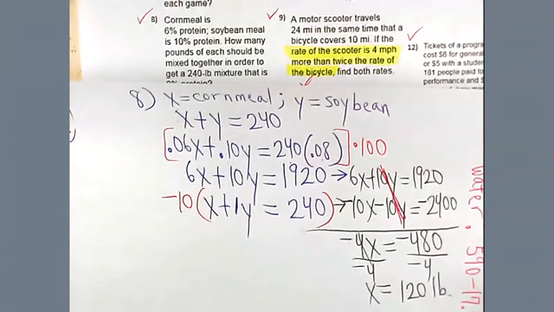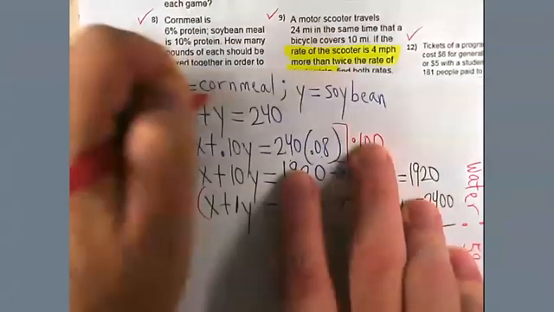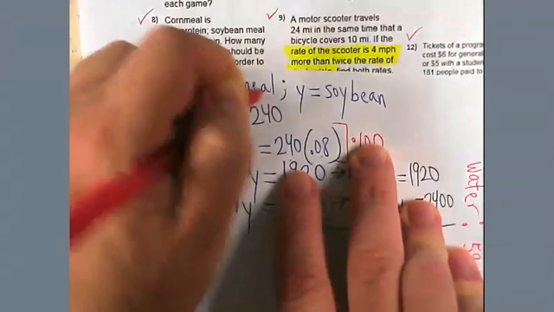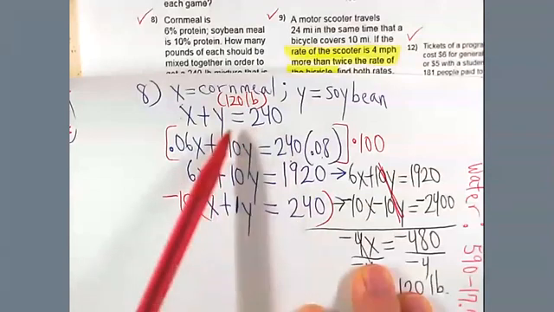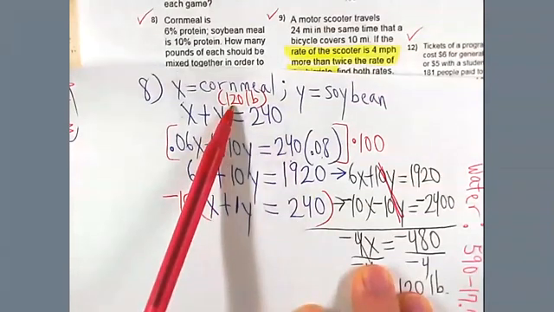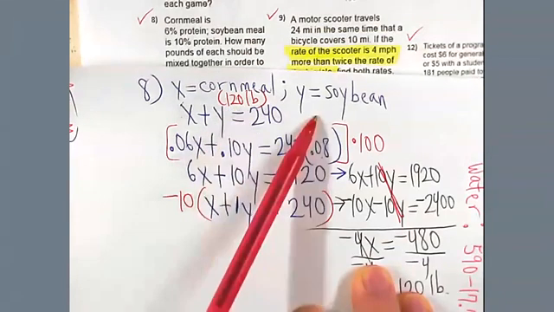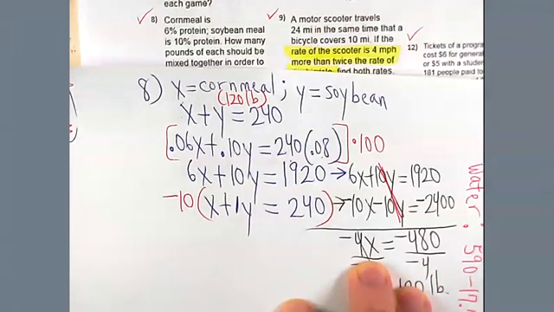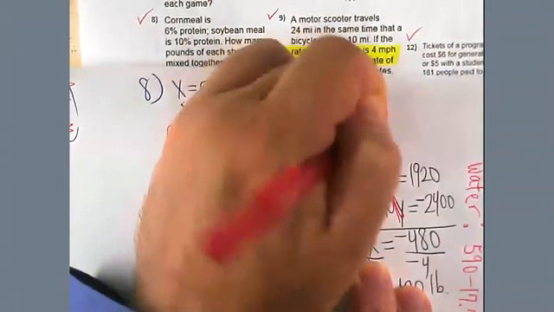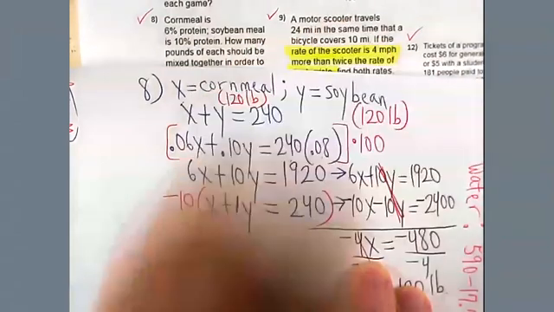Before we go back and find the amount of soybean needed, any questions how we got the amount of cornmeal? So we know the amount of cornmeal is 120 pounds. You can find the amount of soybean pretty easily. If cornmeal is 120 pounds, then we also need 120 pounds of soybean to equal 240. So the amount of soybean is also 120 pounds.